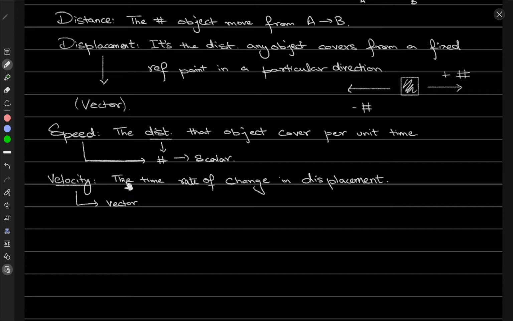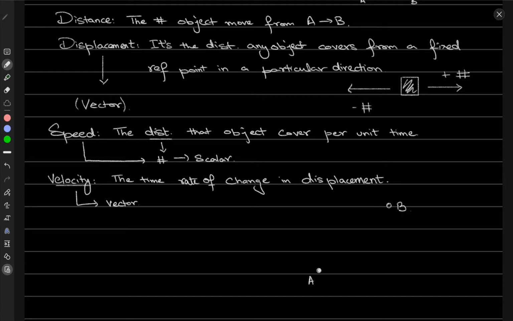Note that displacement, or velocity, because it's related to displacement, does not really mean the total distance traveled, because now let me try to visualize this for you. Suppose that you have this point, let's call it point A, and you have a point B over here.